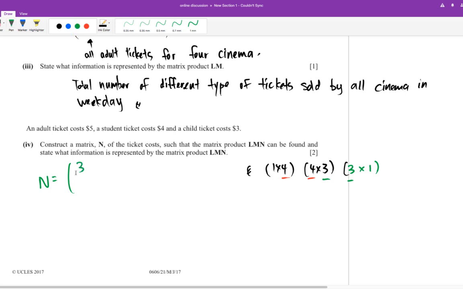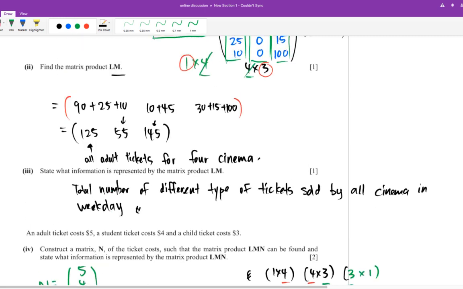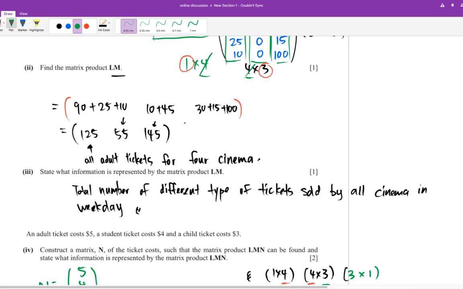It's 5, 4, 3 like that, in a column. So this is 3 multiply 1. That means if I multiply my answer here with 5, 4, 3, I will get the final one answer, because you just imagine this is 1 times 3, and then this is 3 times 1.